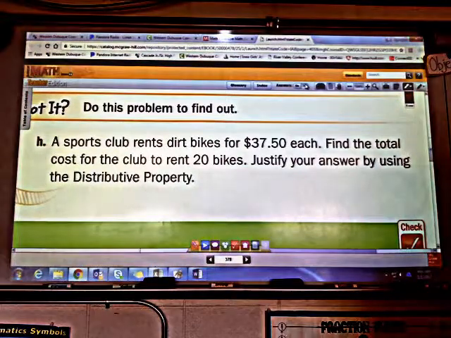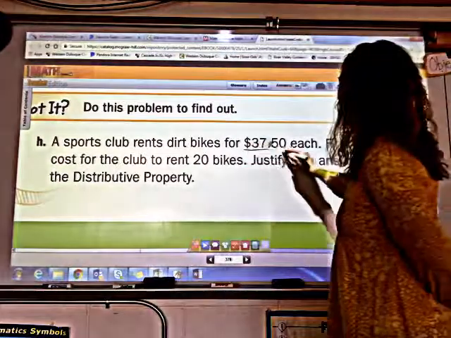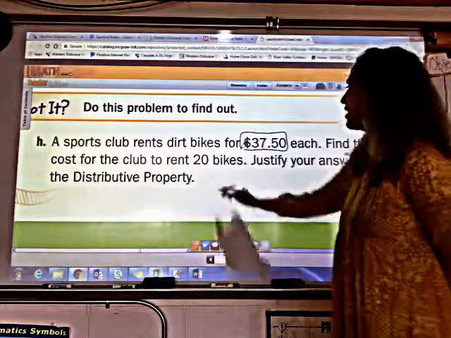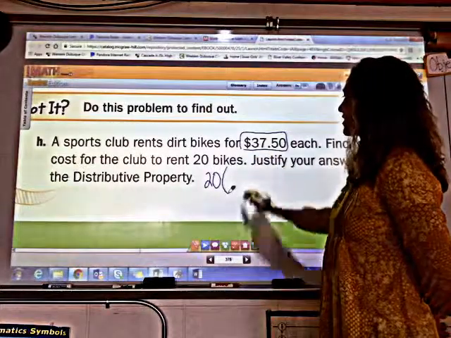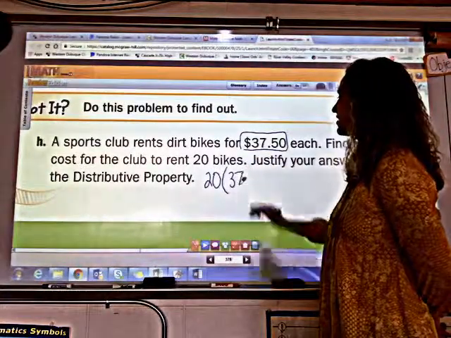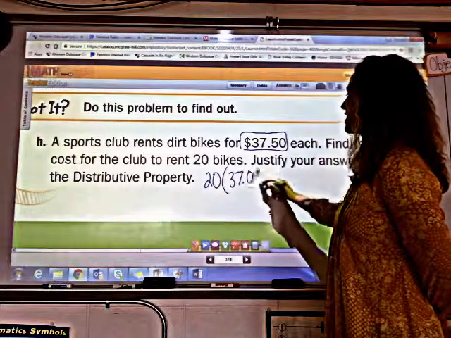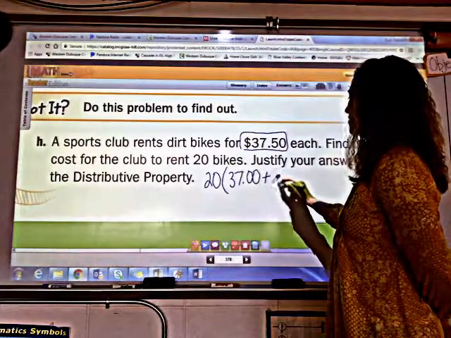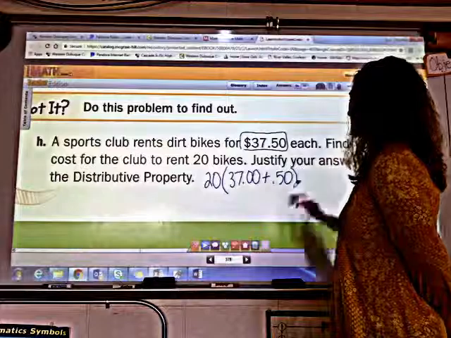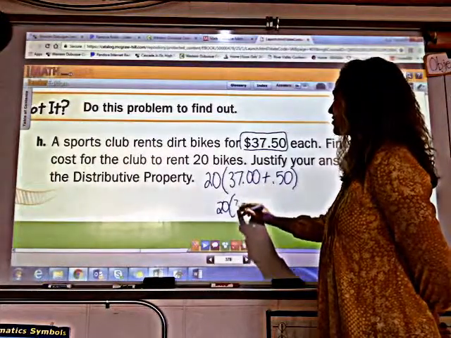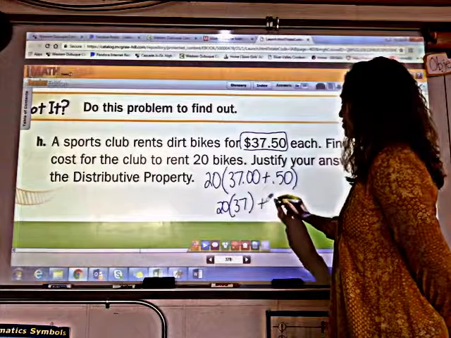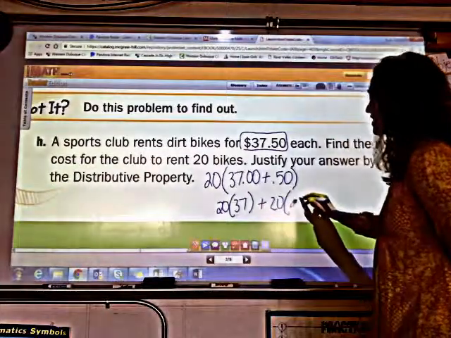So one of the things that we may end up doing, first of all, is to take this $37.50 and break it down. I know I'm getting 20 bikes, so I'm going to take 37 and add on 50 cents. Using the distributive property, I've got $20 times 37 plus $20 times 50 cents.